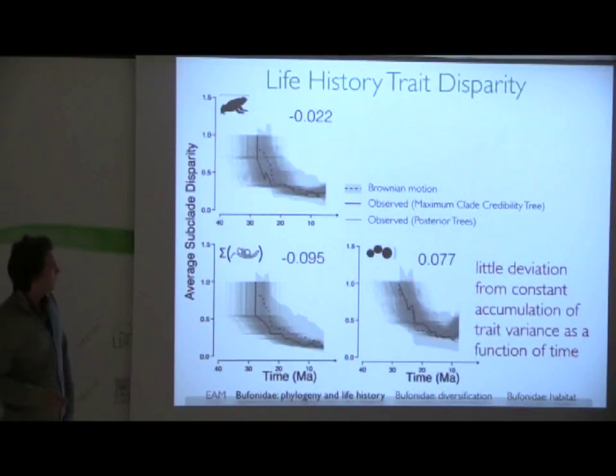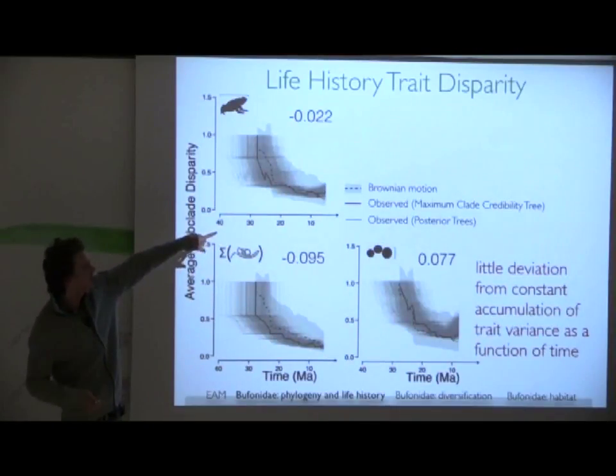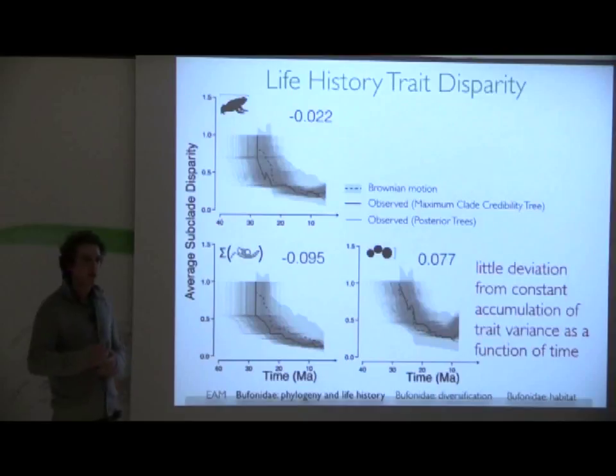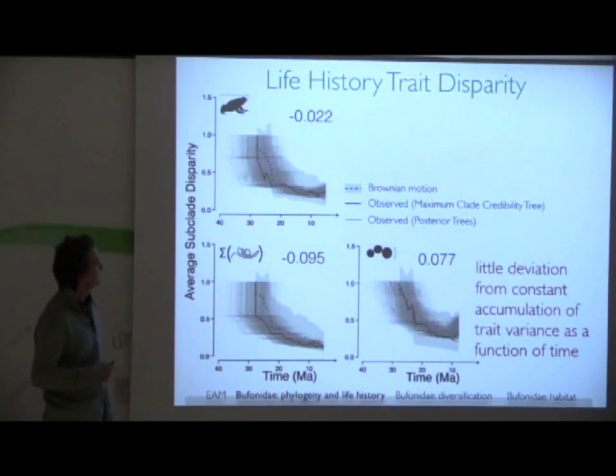So this is what our data look like. Again, we have body size, clutch size, and egg size. And all I really want you to focus on here is the dashed line, which is our simulated trait evolution under the Brownian motion model, and then the solid line, which is what we actually observed in the data.